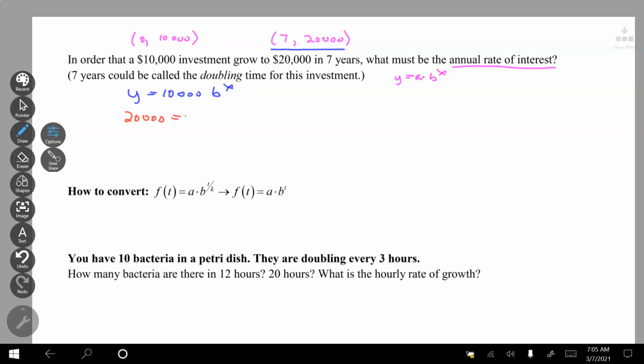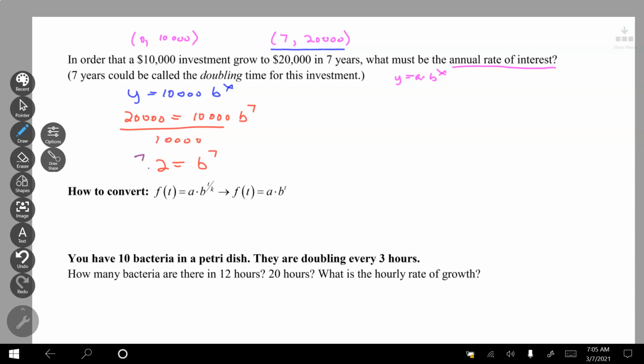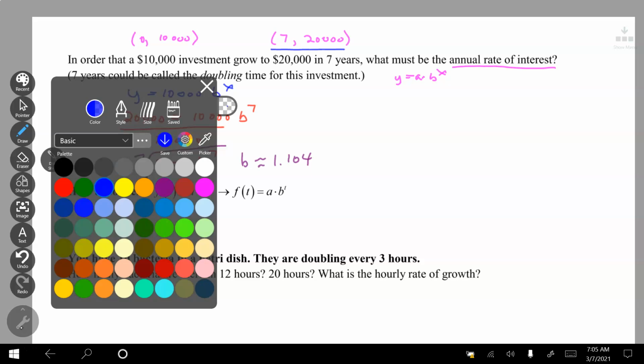20,000 is equal to 10,000 b to the 7th. Divide by 10,000. I get 2 is equal to b to the 7th. And to get rid of the 7th power, I take the 7th root. I get b is about 1.104. Okay. That's my multiplier. It's growing.